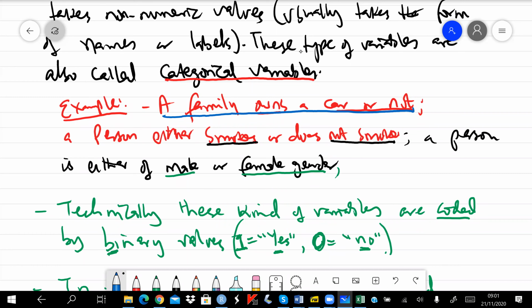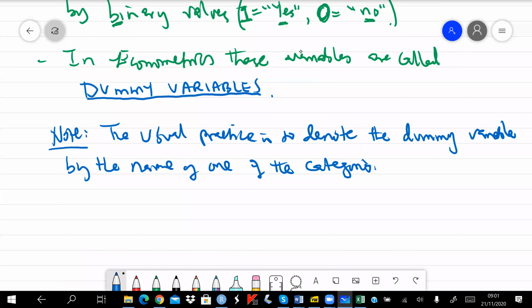But that new variable is called a dummy variable. So for instance, if you want to collect information on whether a random person smokes or not, you just have the column name or the variable name as smokes. And then below there, you'll have something like this. Let's say you have several other variables, but now you have this one, you call it smokes.